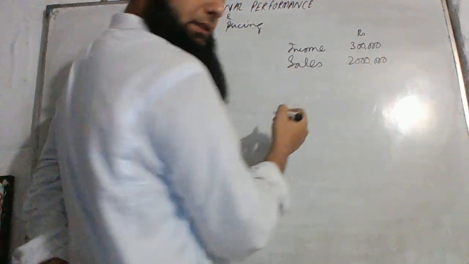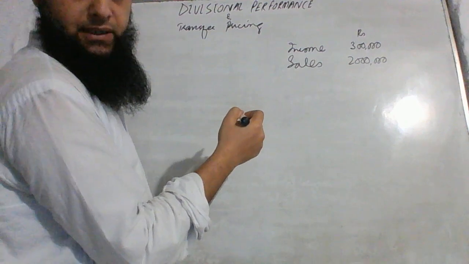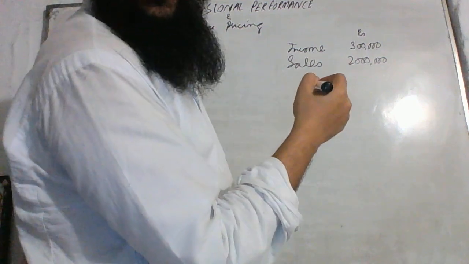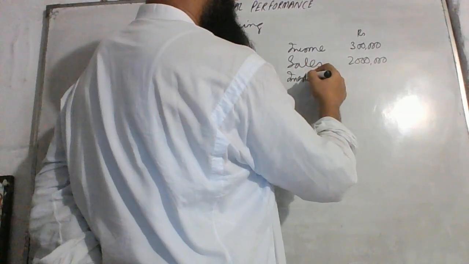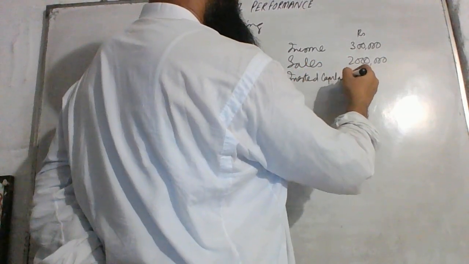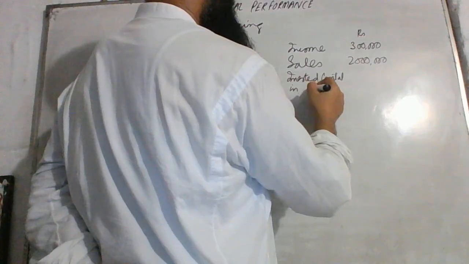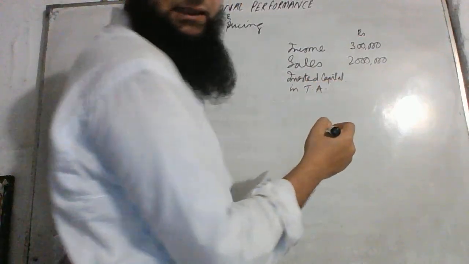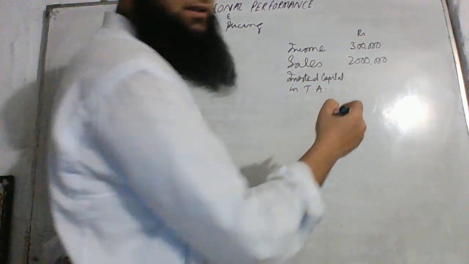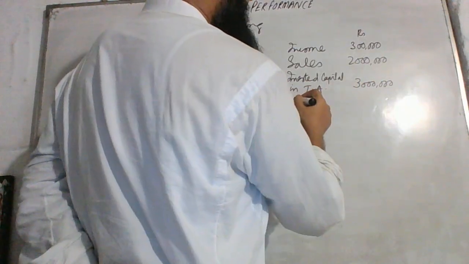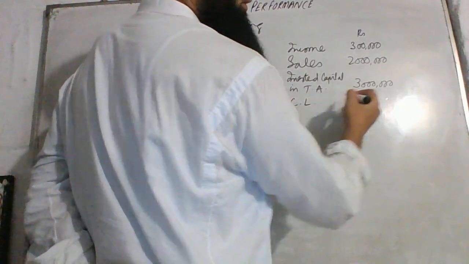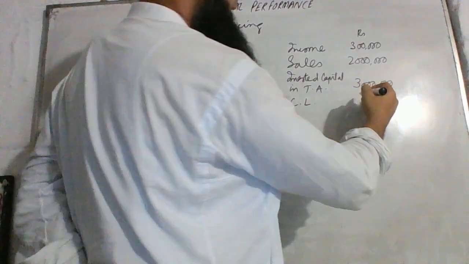while the invested capital amount in total assets, invested capital in total assets is amounted to rupees 3 million, while the current liability amount rupees 20,000.